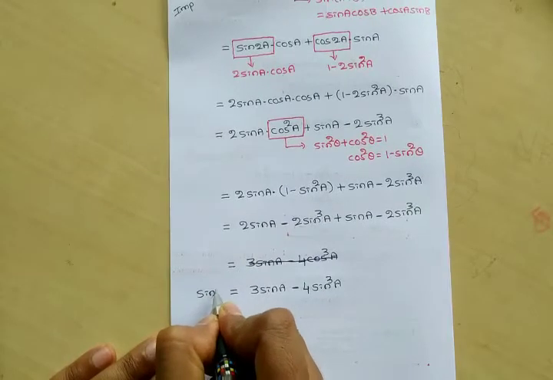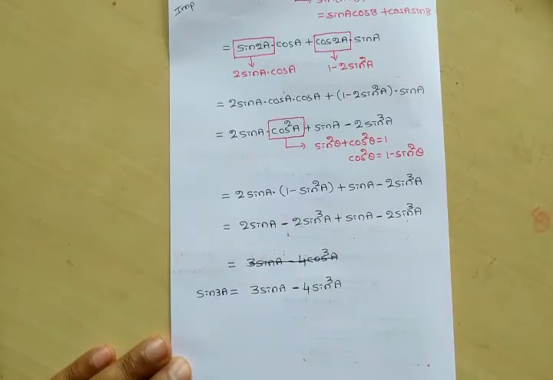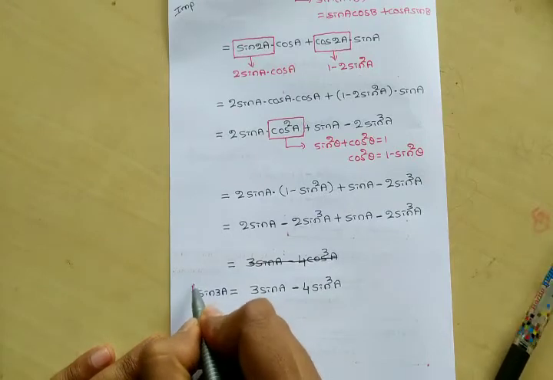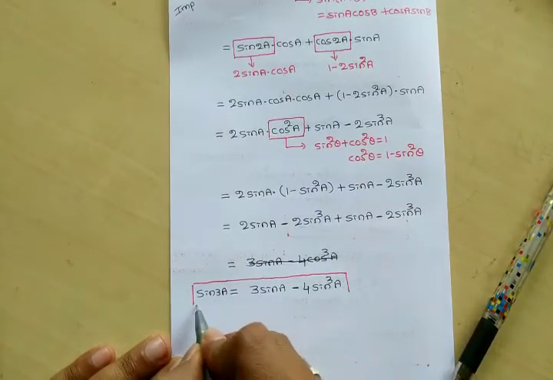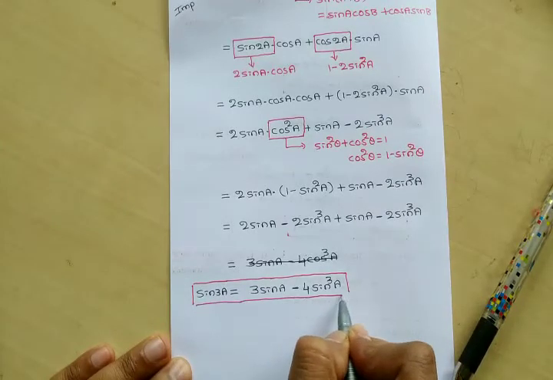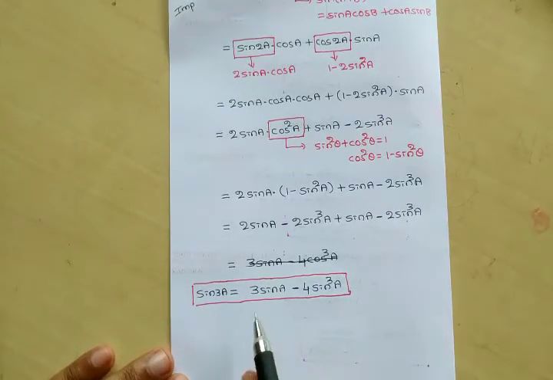What is the formula? 3 times sin A minus 4 times sin cube A. So this is the important formula.